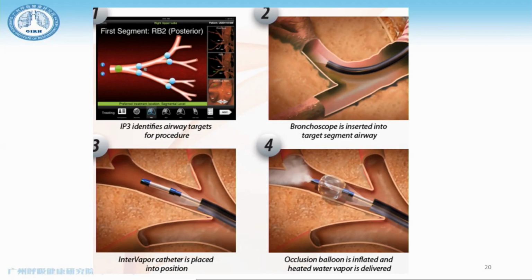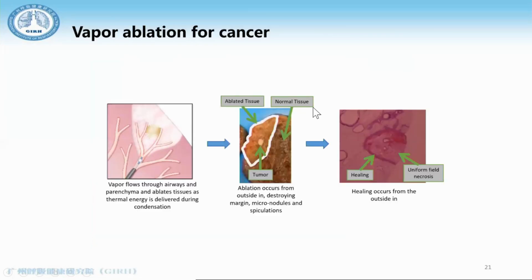Another technique for peripheral lung cancer is vapor ablation. Through the catheter, vapor at a temperature of about 65 degrees is delivered into the bronchus and induces necrosis.